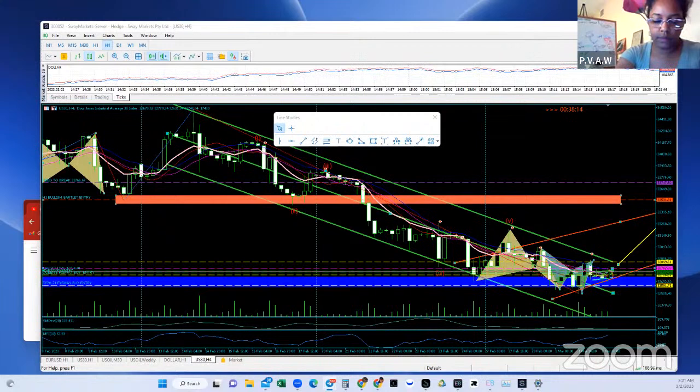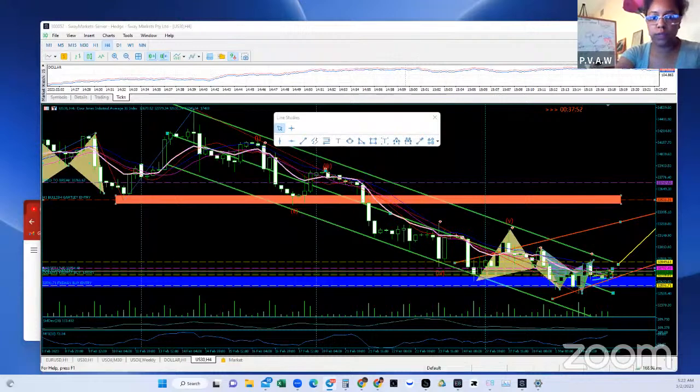Non-farm productivity is medium impact. The 3 highs are jobless claims.